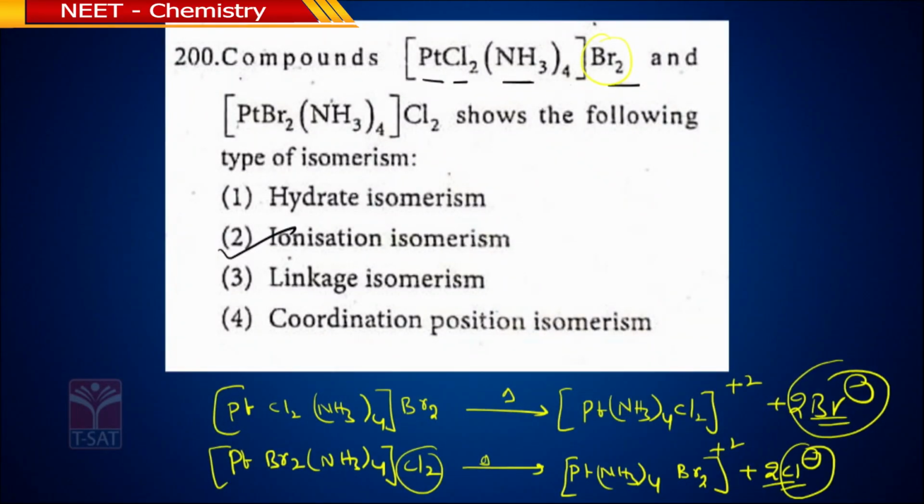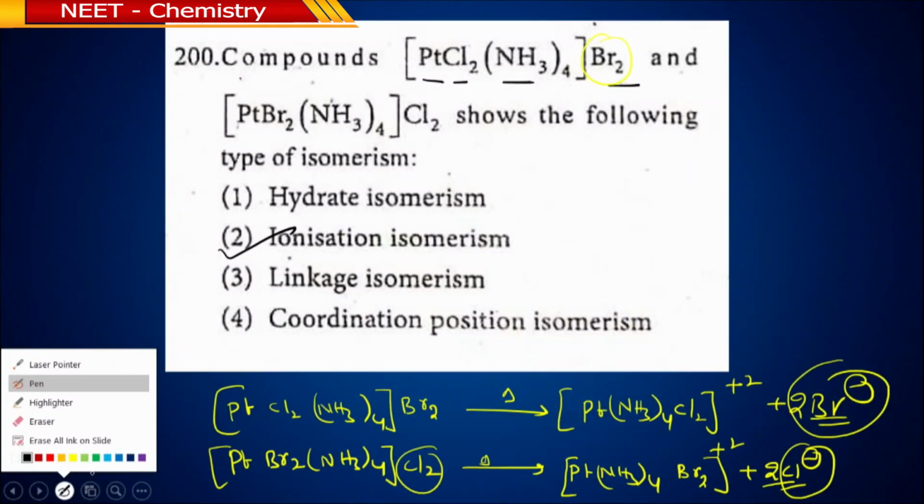This ionization isomerism is exhibited because upon ionization we get different ions. To identify ionization isomerism, do we need to do all these things? No, it is not needed. By seeing the compounds alone, we can say whether it is exhibiting ionization isomerism or some other isomerism.